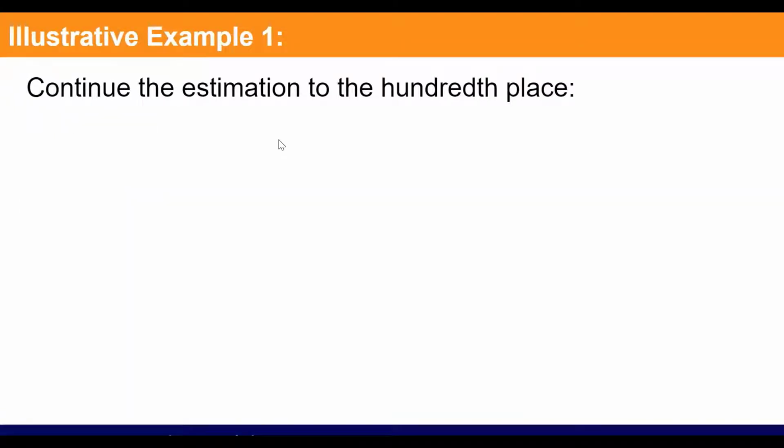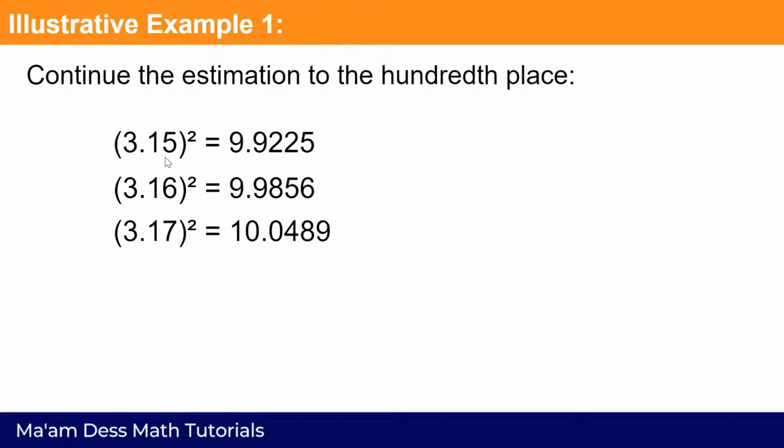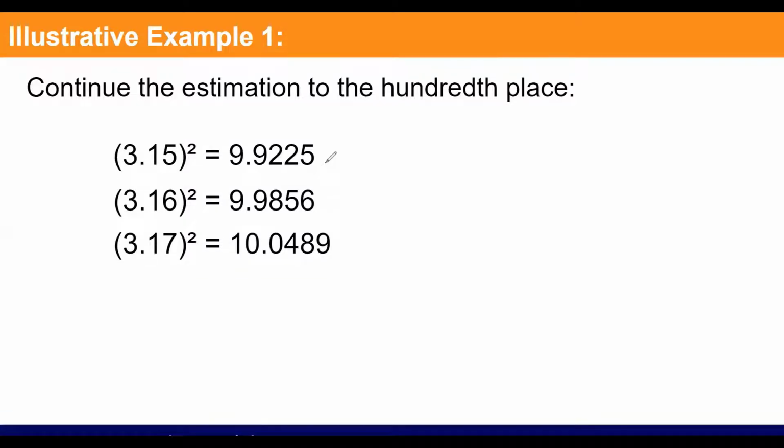So, continue the estimation to the hundredths place. Let us use 3 and 15 hundredths multiply by itself. So, we will have 9.9225 or 9 and 9,225 ten-thousandths. Another, 3 and 16 hundredths multiply by itself.